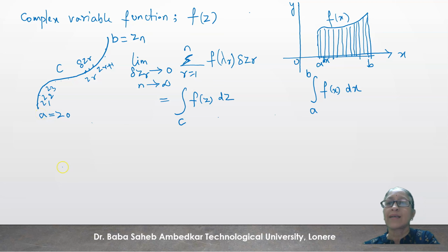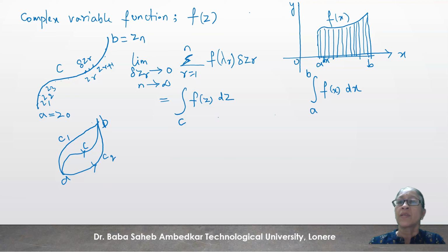That means this is A to B, but you can reach B in this way also, and in this way also. So if this is curve C, this is curve C1, this is curve C2, then if you find the integration along C1, then along C, and along C2, do you get the same answer?